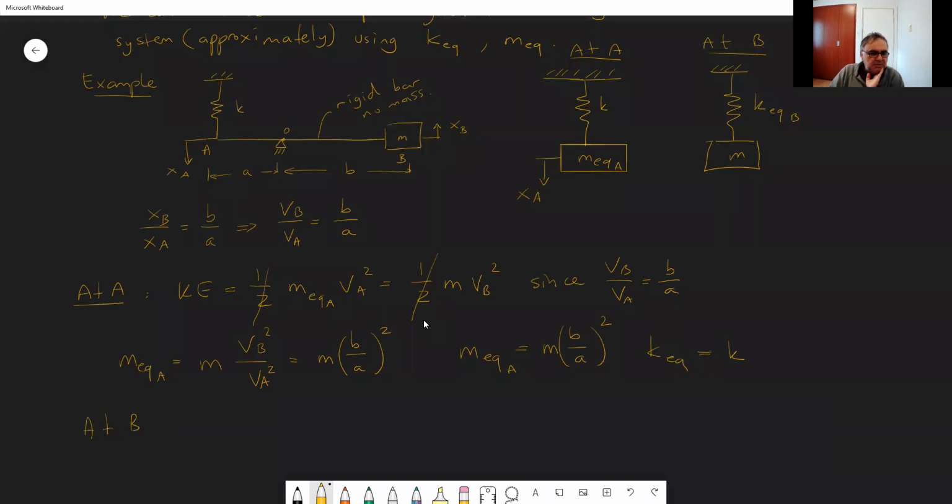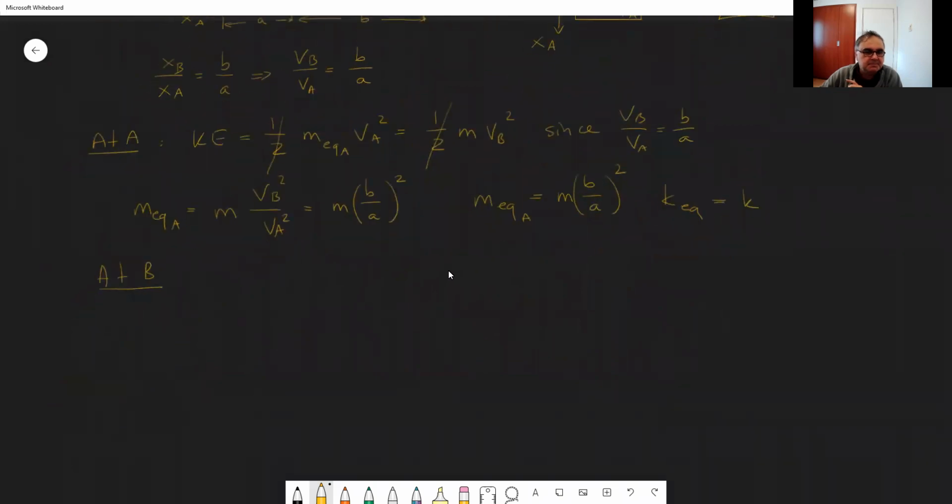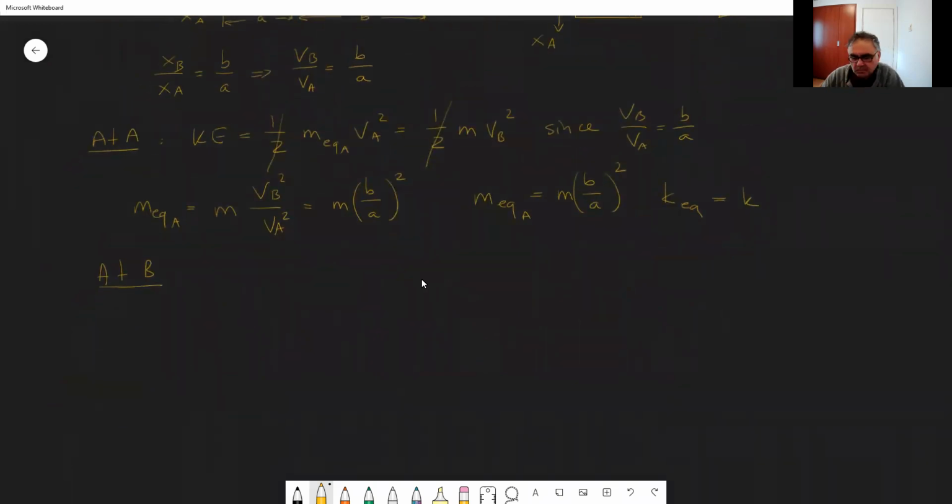On the other hand, at B, you write the potential energy of the spring. Potential energy equals 1 over 2 K XA squared, equals 1 over 2 K equivalent at B, XB squared.